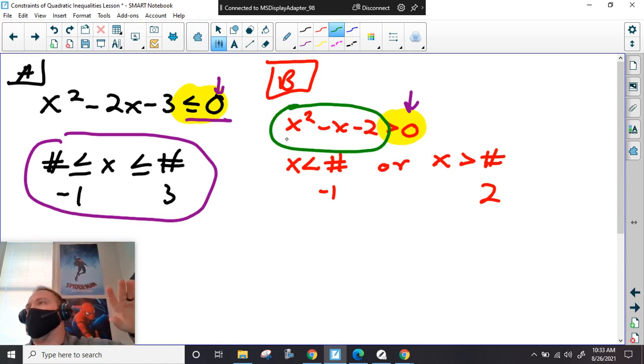We could put in anything we want right here, and we're testing to see if it's greater than zero.